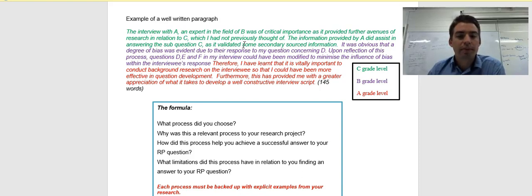But to go a little bit further, you want to be able to critique even the most useful processes. So it was obvious that a degree of bias was evident due to their response to my question concerning D. Upon reflection of this process, questions D, E, and F in my interview could have been modified to minimize the influence of bias within the interviewee's response.